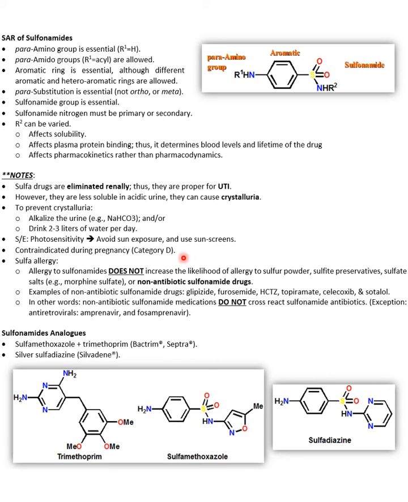So D, which is just before X, is actually a very bad category. You should avoid giving sulfonamides during pregnancy, which also applies to tetracycline, interestingly, and applies to the quinolones. However, in the case of the quinolones, it's category C pregnancy.